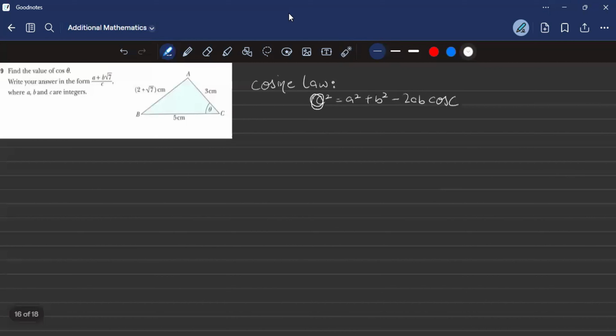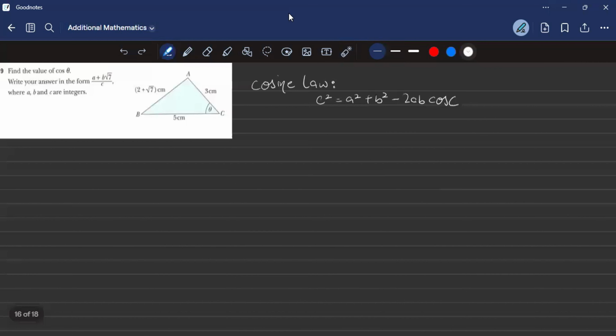This is for finding out any side if you want, may it be AB, may it be BC, may it be AC. However, if we have these sides, what we do is we merge them up to find out the angle value. So cos C is basically the angle.